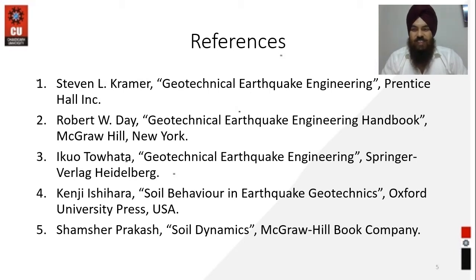It is one of the finest books available on this subject, originally published in 1996. Later on, we got the 2007 version, which is also available. The second reference is the Geotechnical Earthquake Engineering Handbook, which we will basically use for the design aspect. It was first published in 2002 by McGraw Hill in New York.